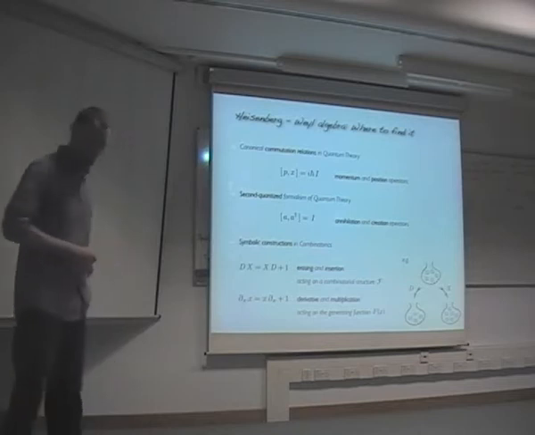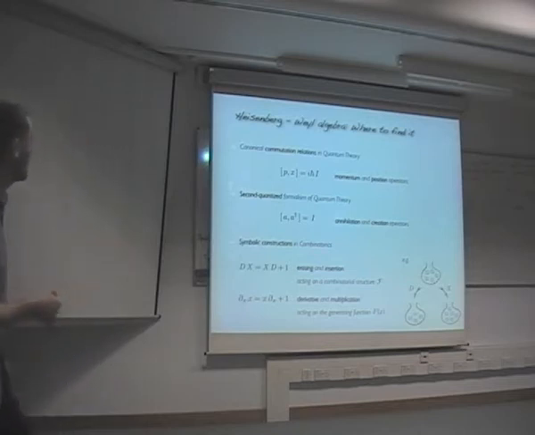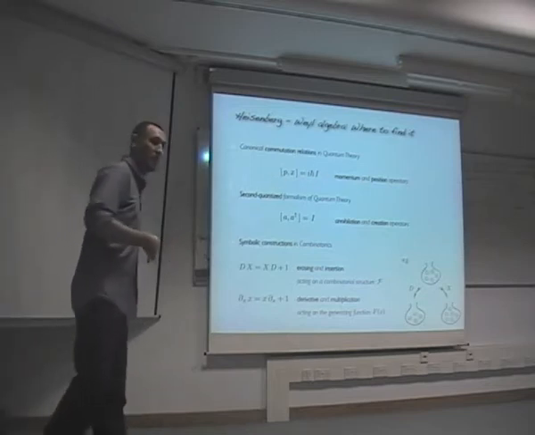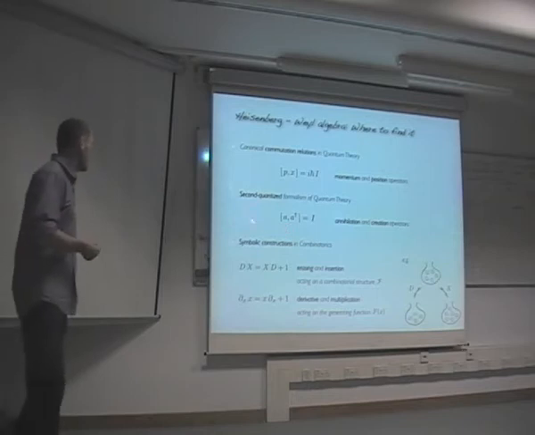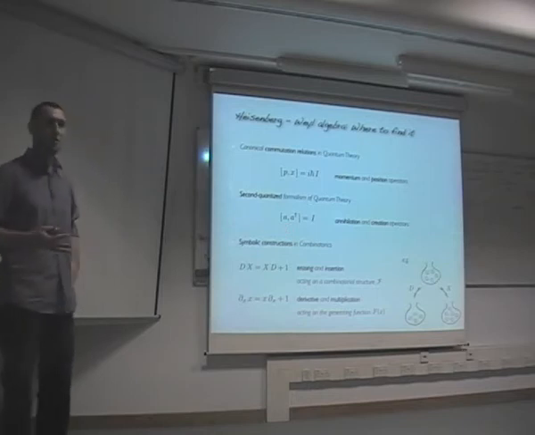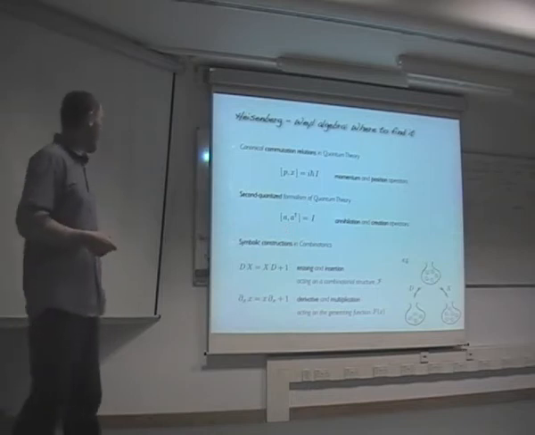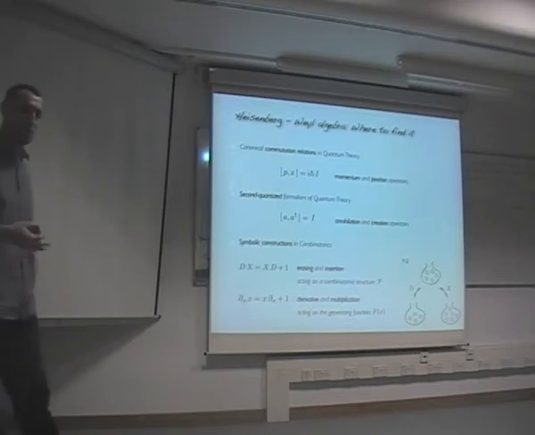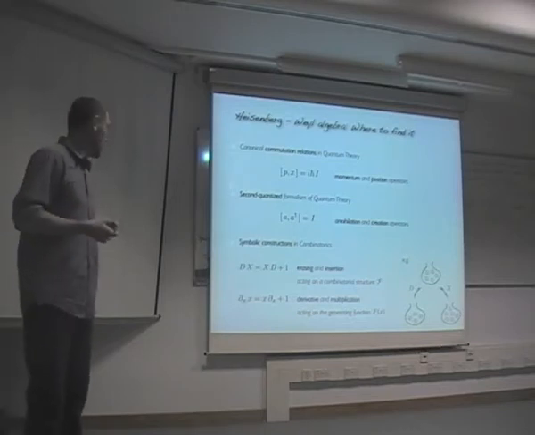Okay, so first, to gently start off, where do you find the Heisenberg-Weyl algebra? First of all, these are basic commutation relations in physics. Then you find them in second quantized quantum theory, and this of course all of you know, but maybe you might be a little bit less familiar that you also find this structure in combinatorics.